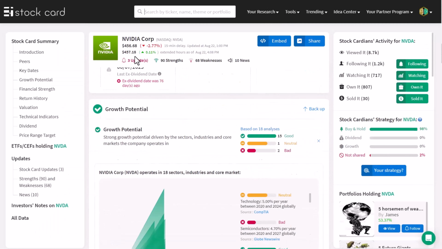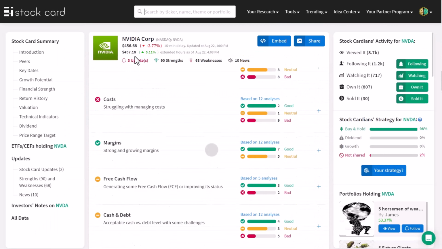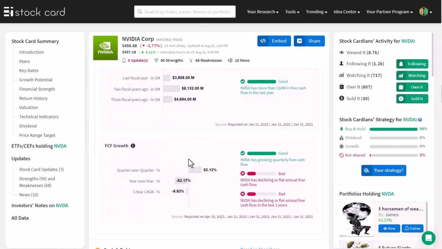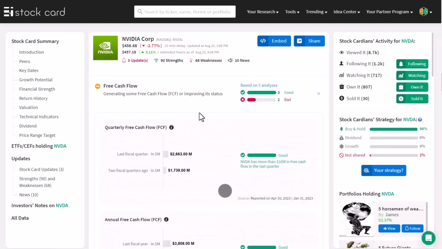Instead, free cash flow is a better indicator of a company's ability to generate cash, because it excludes non-cash expenses such as stock-based compensation, and it includes cash expenditure on capital expenses. It shows the true power of a company in making money in every time period.